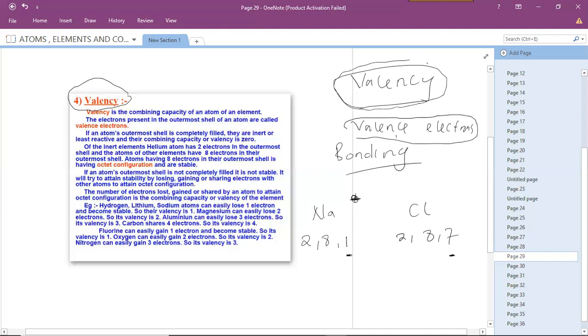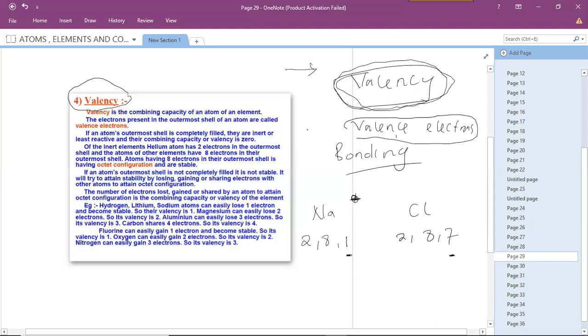It's the strength of bonding the element has, like how many electrons it needs to have a complete outermost shell. So that's the term valency. And valency can be shown by the position of an element on the periodic table.